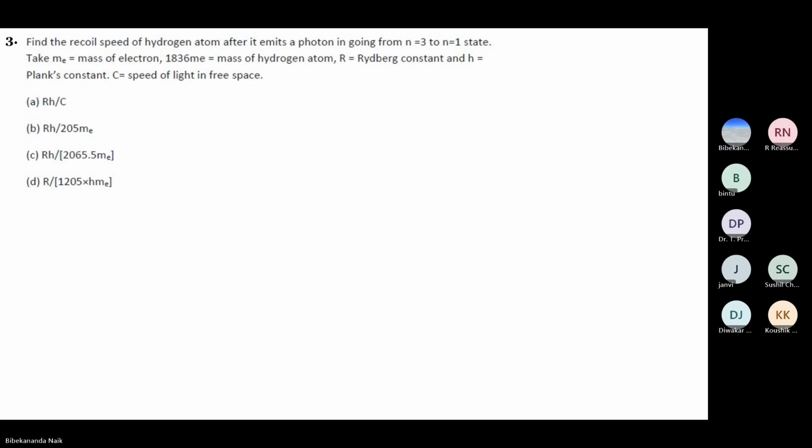When the transition is occurring from n equal to 3 to n equal to 1 state, we have discussed this several times, En is minus 1 by 8 m z square e fourth by n square h square epsilon 0 square.